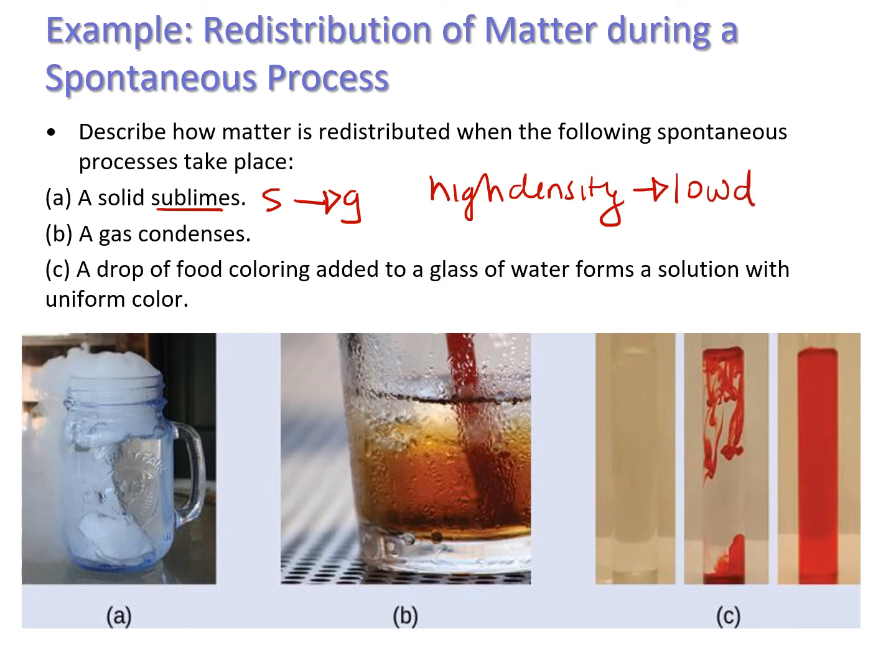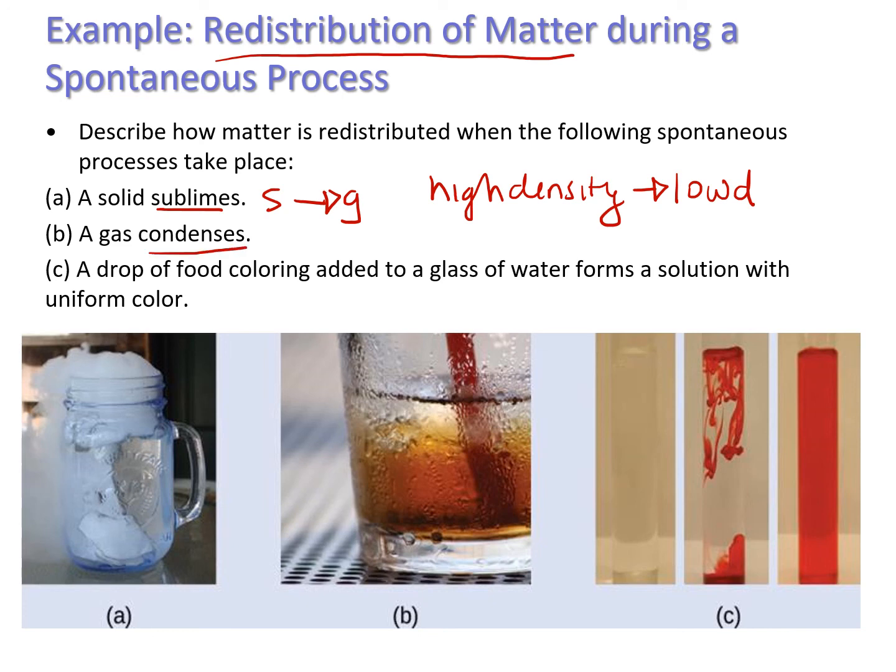We end up with a greater volume, right? Because the gas takes up whatever volume it possibly can, versus a solid has a definite volume, definite shape. So this ends up having a greater dispersal of matter, so a greater redistribution of matter. Honestly here we're just thinking about what's happening and trying to visualize it.